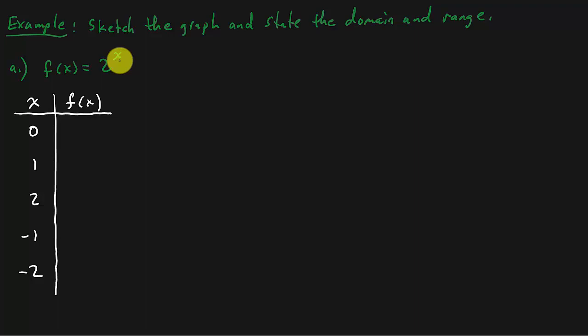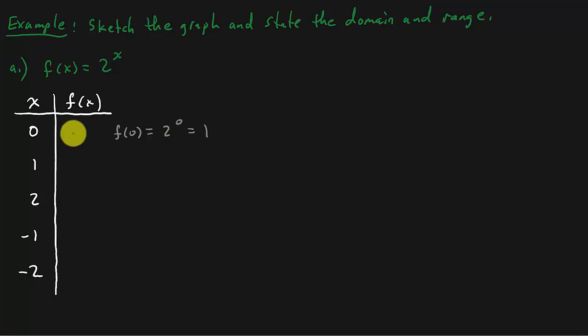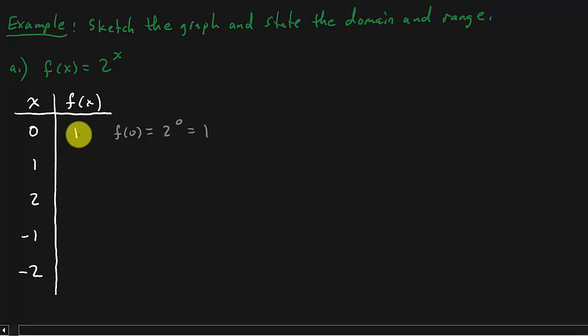All right. So to get this, we've got f of 0 equals 2 to the 0. I just take each one of these x values and plug them in for x. Anything raised to the 0 power is 1. So that gives me the point 0, 1. Then f of 1 is 2 to the 1st, which equals 2.